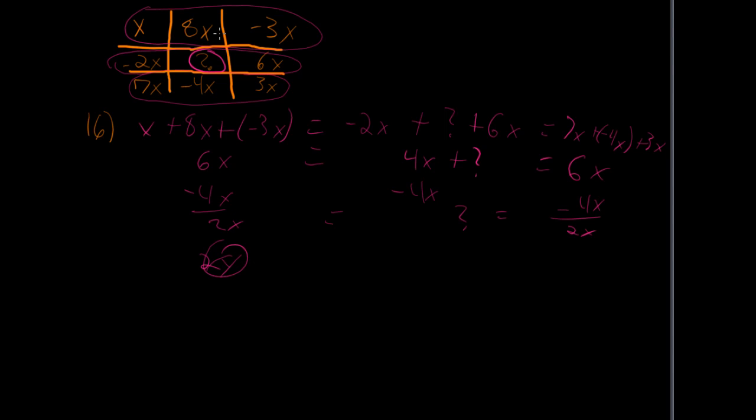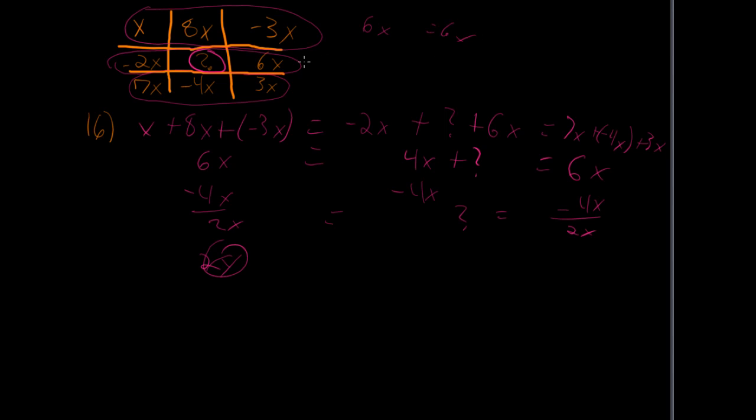And we can just check to make sure that this meets the requirements of the original question, that all the column sums will be equal to each other. So we see that x minus 2x plus 7x is equal to 6x. 8x plus 2x minus 4x is equal to 6x.